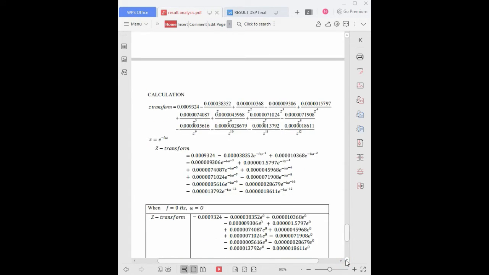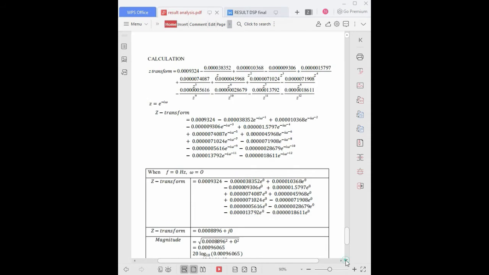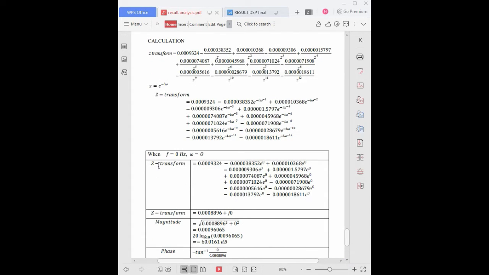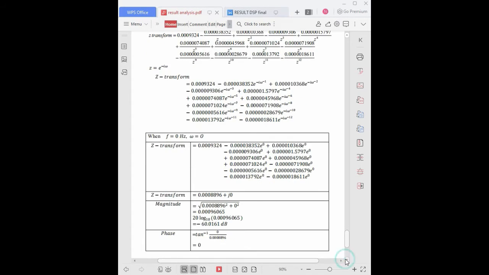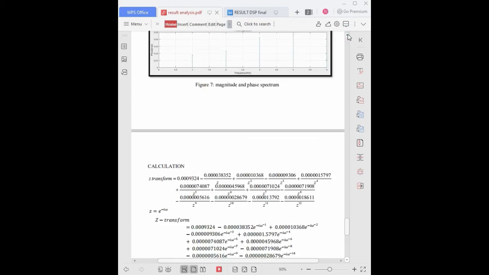To prove the simulation, we do a manual calculation of Z for frequency equal to 0, so the angular frequency is equal to 0 too. We get the magnitude equal to negative 60.0191 dB and the phase equal to 0 degrees.